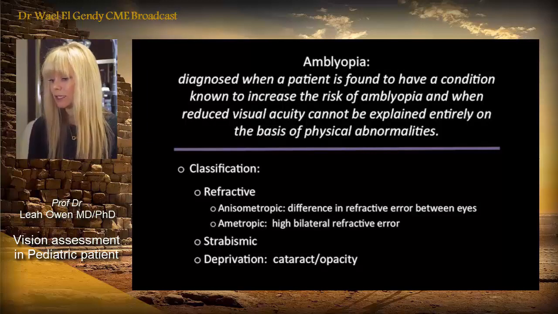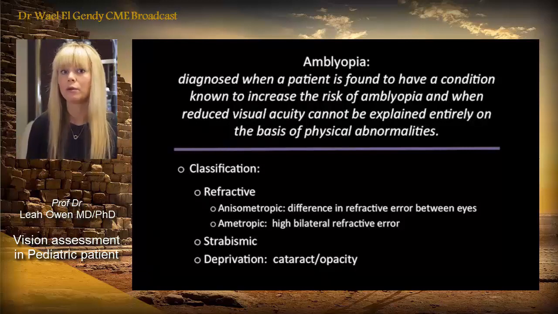And so you can see here in the classification scheme listed below, these are also the risk factors for amblyopia. So anisometropia, where you have a difference in the refraction between the two eyes.